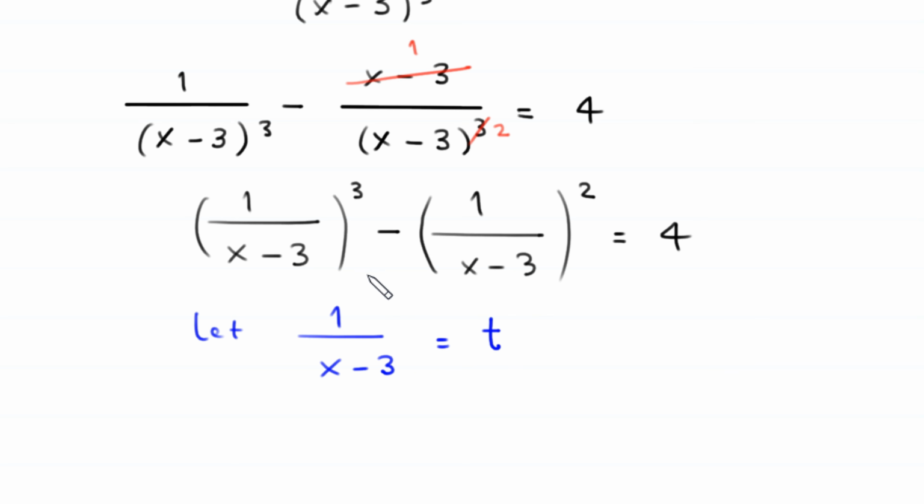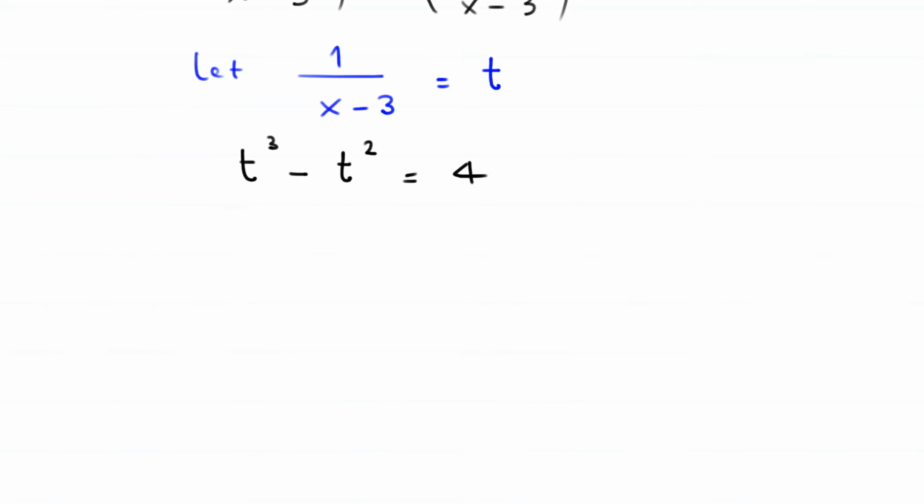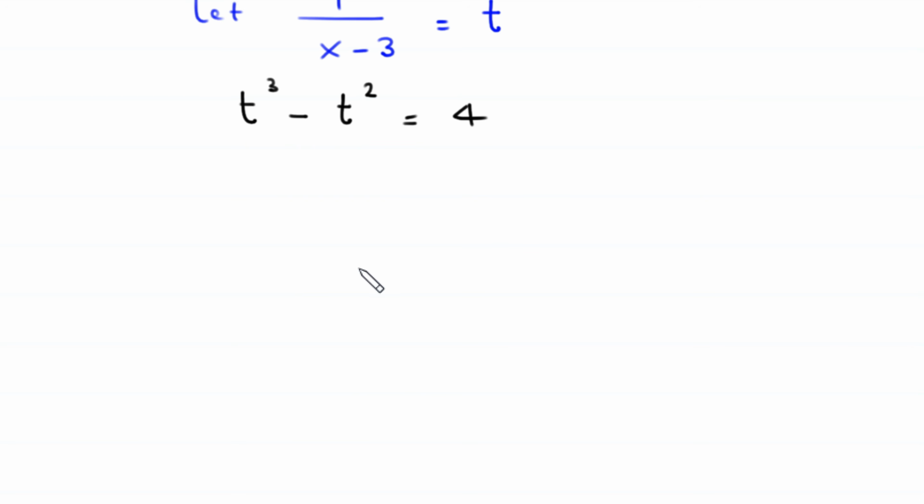So this equation will become t cubed minus t squared equal to 4. Move this 4 to the left hand side. This will become t cubed minus t squared minus 4 equal to 0.